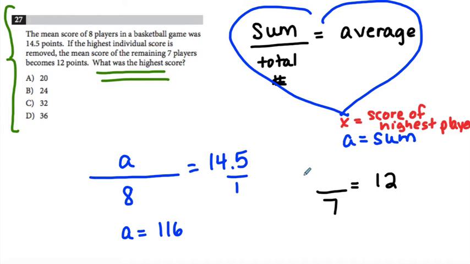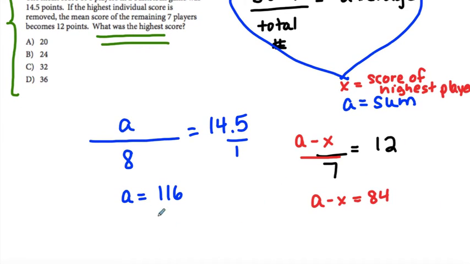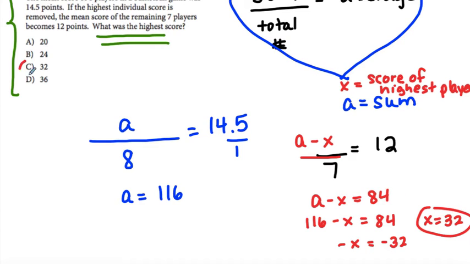So I did A minus X. And now I had an equation. A minus X had to equal 7 times 12, which was 84. That gave me the work I needed because we know A to be 116. I plugged in 116 minus X equals 84. So 84 minus 116 gives me negative 32. So negative X equals negative 32 and X equals 32. So my answer would be C.